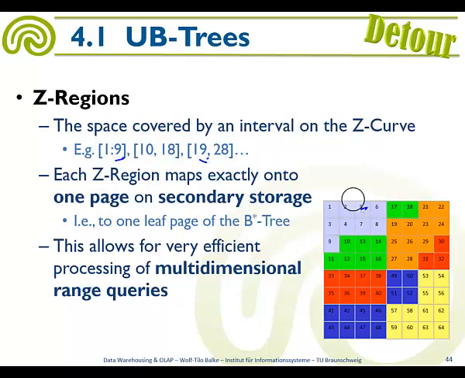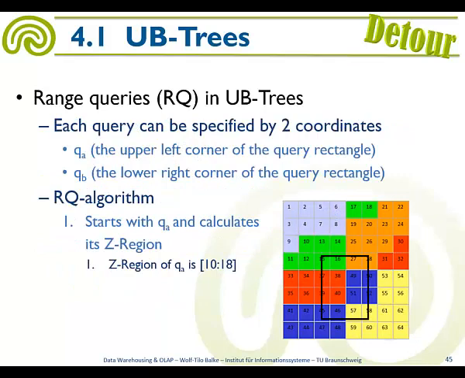An example for the searching would be, you get a query, and the query is specified by 2 coordinates, the upper left corner and the lower right corner. So you compute the upper left corner.